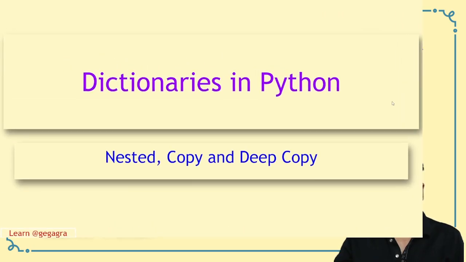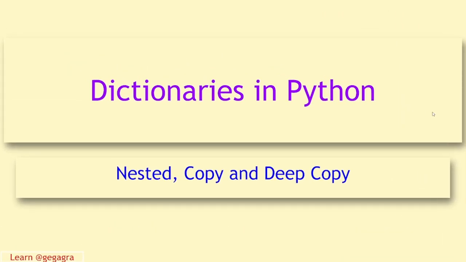Okay, so this is my presentation. Dictionaries in Python. Going to discuss nested, copy, and deep copy. Now what do you mean by nested? Nested dictionary means a dictionary within another dictionary. So this is how one dictionary is nested in another, and that is why it is called the nested dictionary.